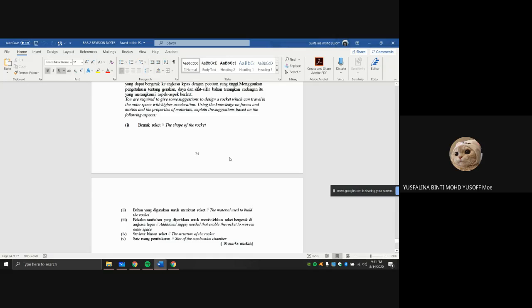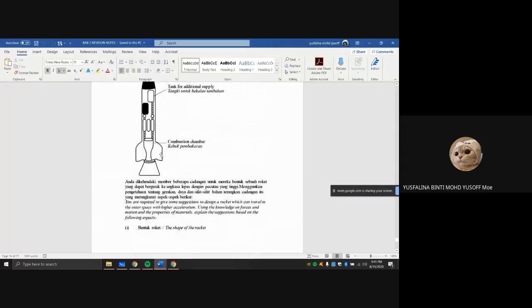So the rocket has several stages. The answer is: have several stages that can be stripped off. Let's say this one is a combustion chamber.